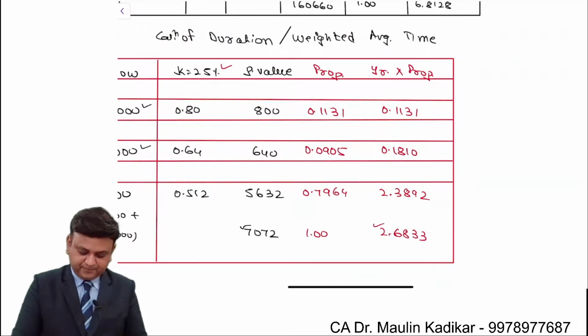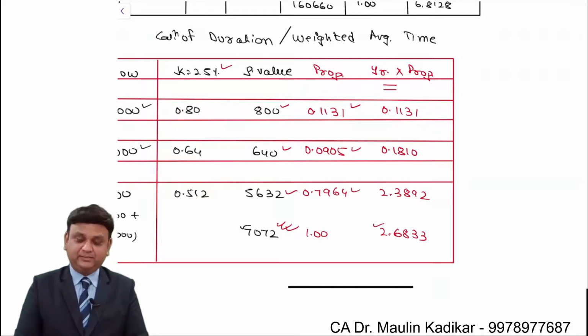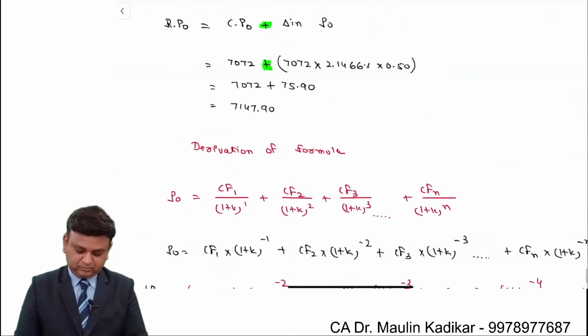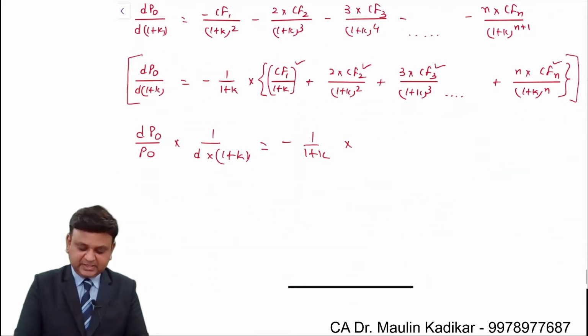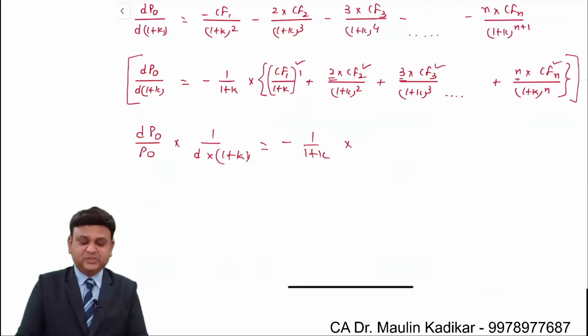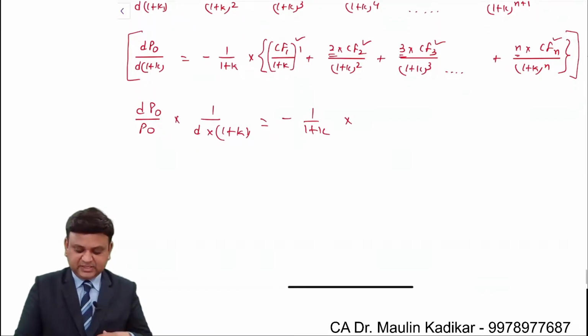So we get the proportion. Then proportion into time period: proportion into 1, proportion into 2, proportion into 3, proportion into n. This is nothing else but the duration of the security.